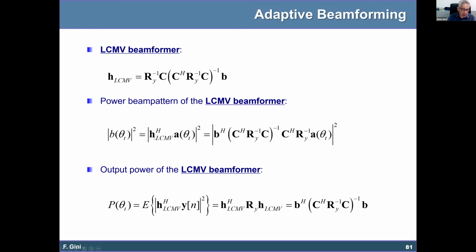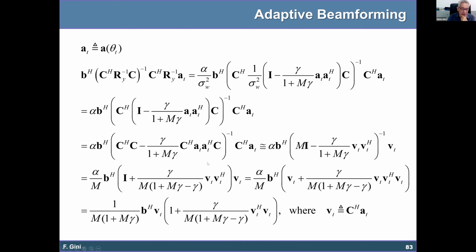So the power beam pattern is the output of the beamformer, so the output of the filter, when at the input we have a source signal coming from direction theta t. And if you make the replacement, this is the expression of the power beam pattern. And in the same way, you can calculate the power of the output, and this is the expression of the power of the output.